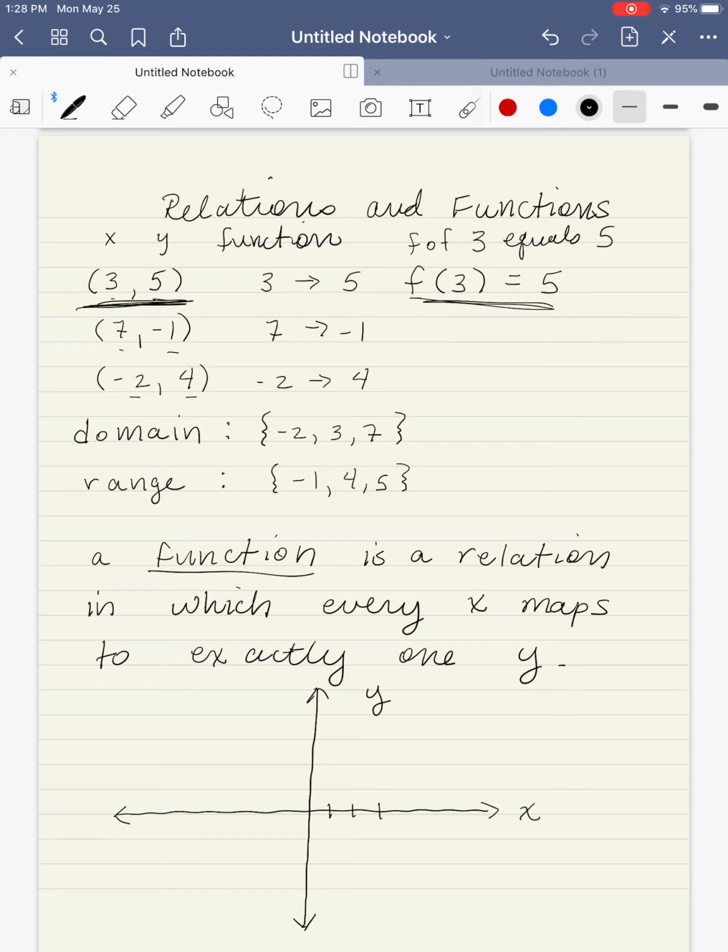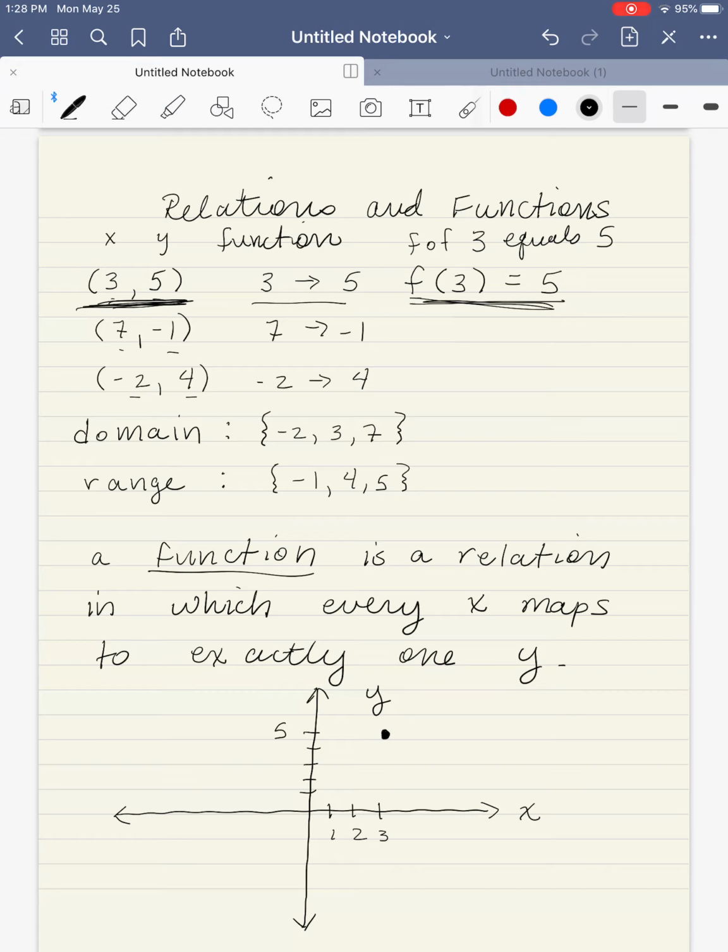So if I'm plotting the ordered pair 3, 5, I start with 3, I go out to 3 on the x-axis, and then I go up to 5 on the y-axis, and I plot that point. So this point, this ordered pair, this arrow notation, and the function notation all give me exactly the same information.